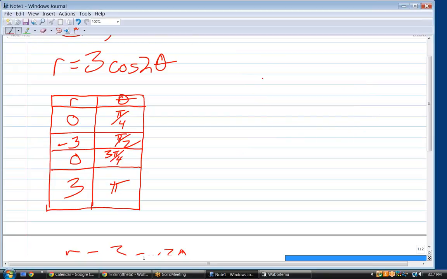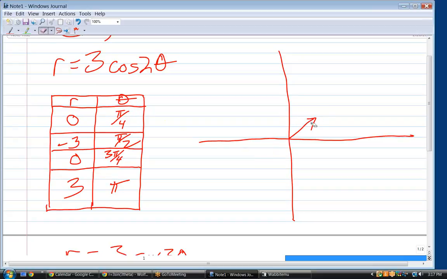Let's make sure you know how to graph this. Surely they want you to know what this means. So the first thing I look at is theta. That's 45 degrees. It's going to go out in that direction a 0 amount, which means the point is right here.